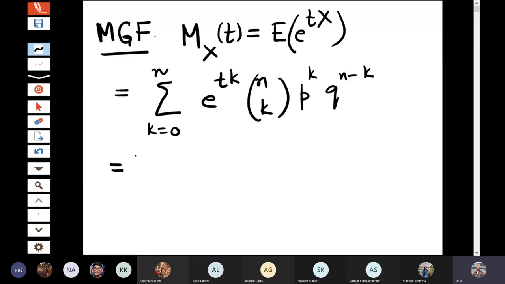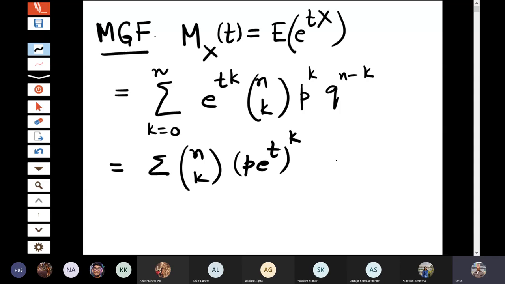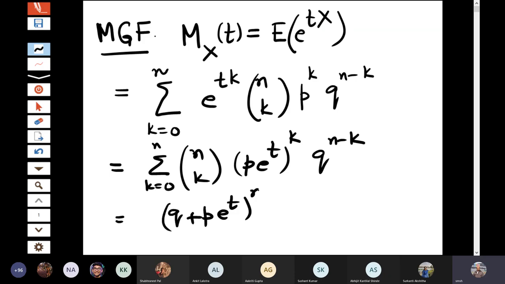So this is equal to nCk, and then this term I will combine here, p e to the power t to the power k, q to the power n minus k, k equal to 0 to n. So this becomes nothing but the binomial expansion of (q plus p e to the power t) whole to the power n. So this is the moment generating function of the binomial distribution.